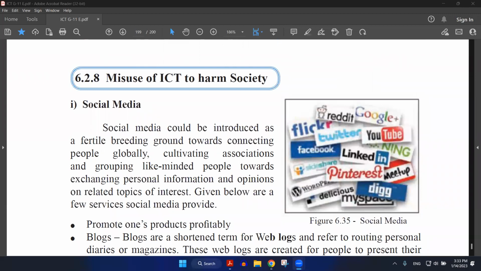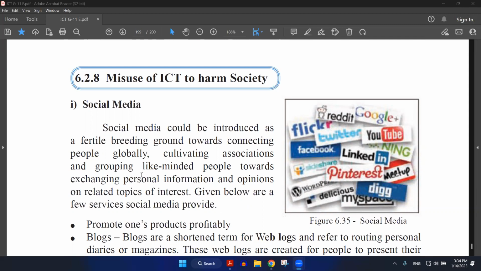It's a very nice product, a very nice application that the people who created social media have done. But since it is given to be used by almost all the people in the world, and since people are different and their attitudes are different, there are people who misuse it and cause negative effects, right? So social media is not a misuse, but people who have negative attitudes can misuse it.